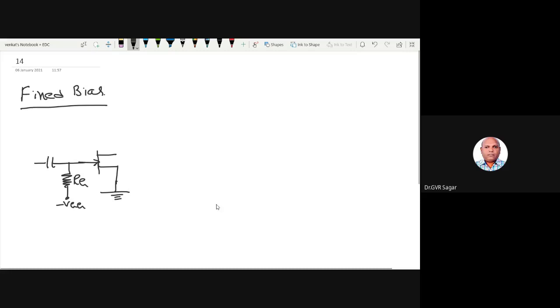Just like in a BJT, the common emitter is a commonly used configuration, the same here, common source configuration is widely used, similar to CE in BJT.